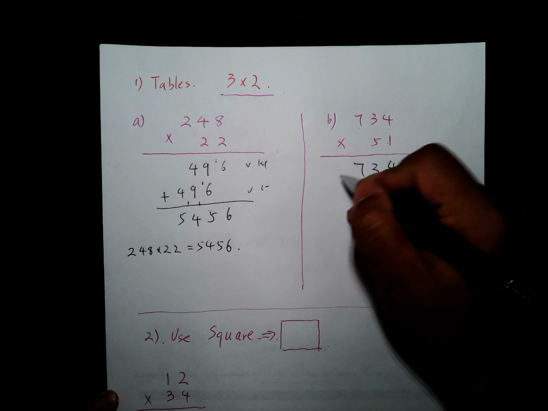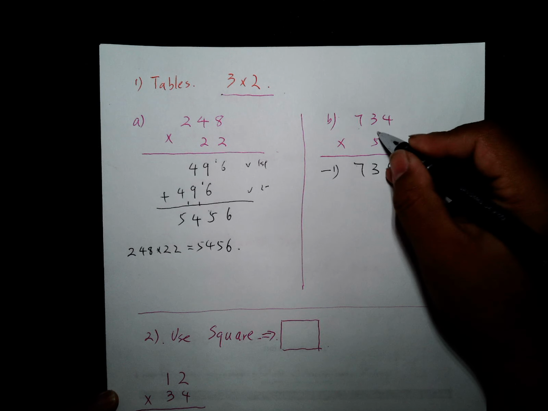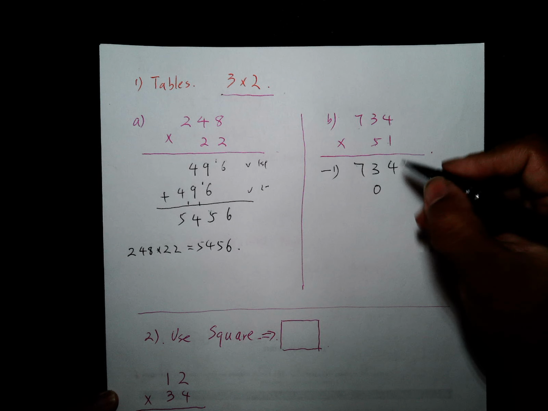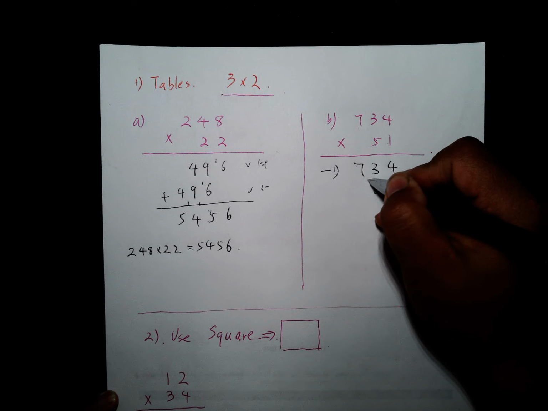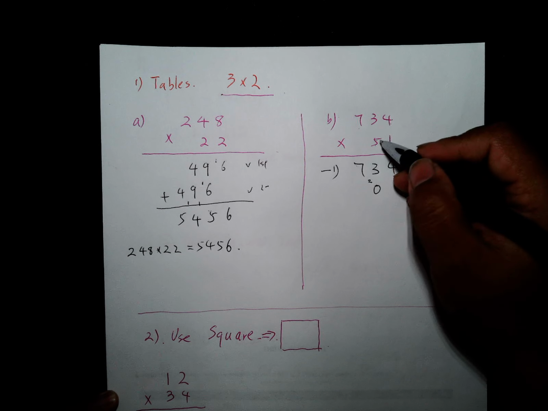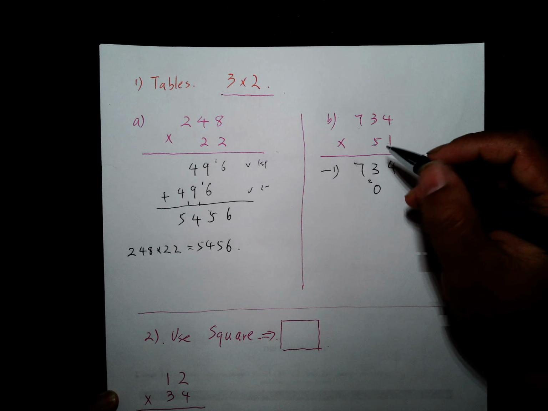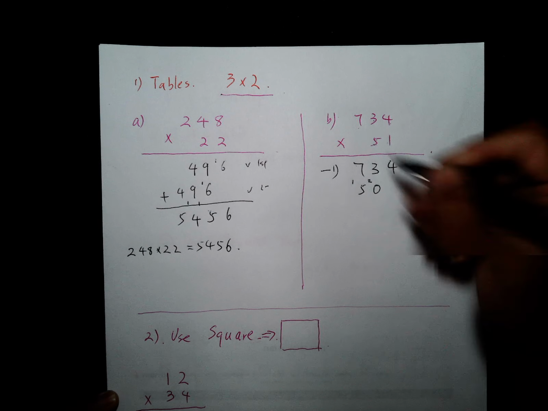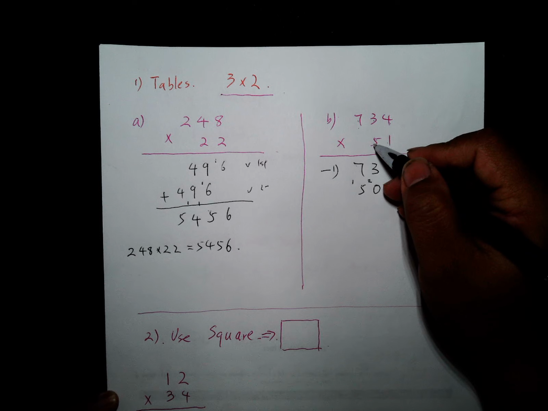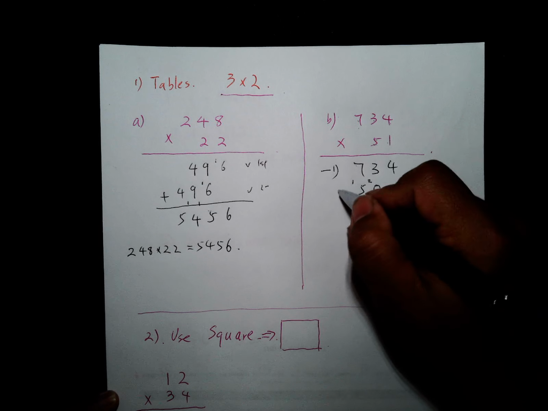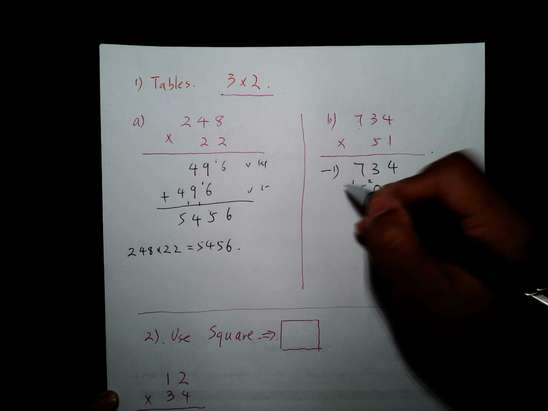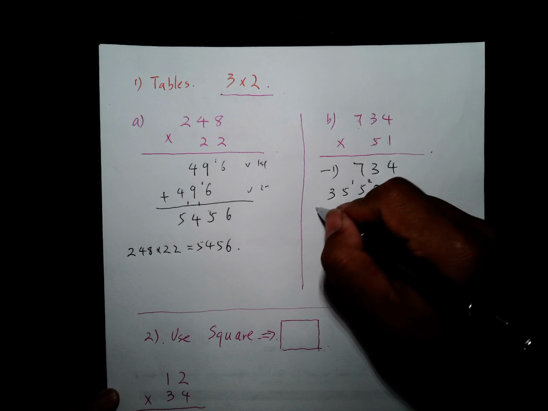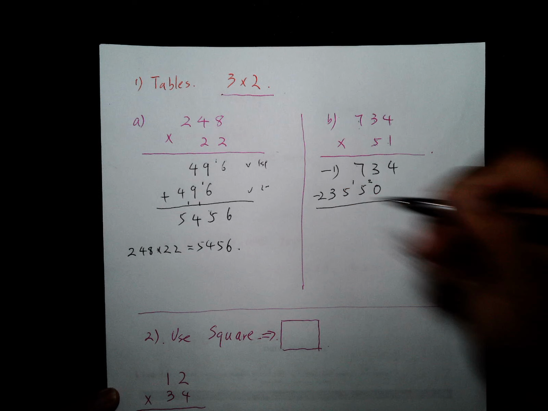The second line: 5 times 4 is 20, so write down a 0 here and a small 2 here. 5 times 3 is 15, 15 here and write down 1 here. 5 times 7 is 35 here. So it's 2 lines. I'll double check.